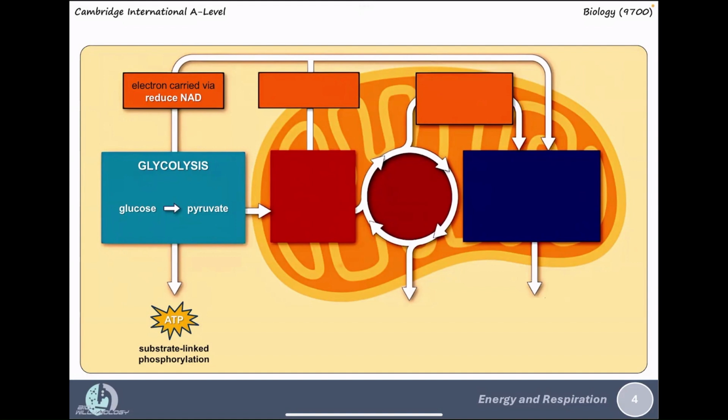In the presence of oxygen, pyruvate enters into the mitochondrial matrix and undergoes link reaction. During the link reaction, pyruvate is converted into acetyl coenzyme A, and again, reduced NAD is produced. Acetyl CoA enters into the next stage, which is known as the Krebs cycle.